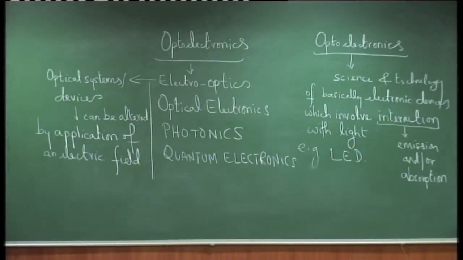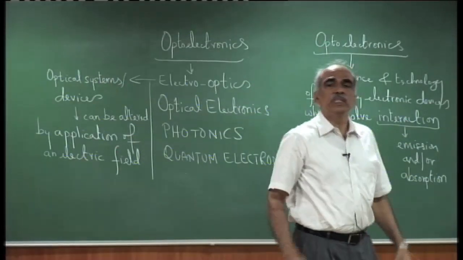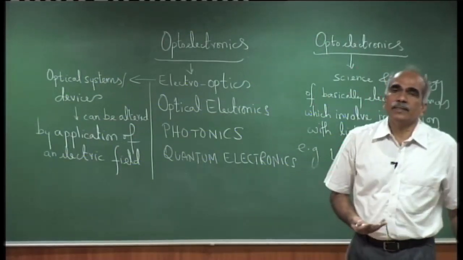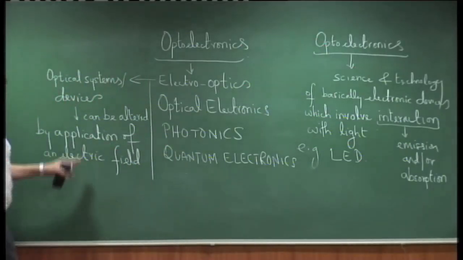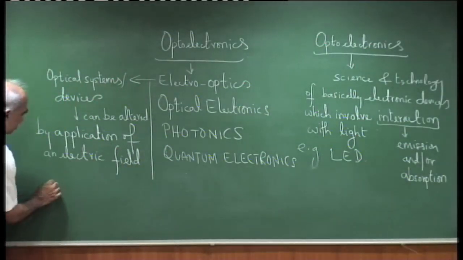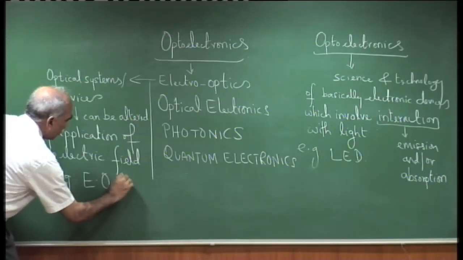The propagation properties of light through these devices are altered by application of an external electric field. For example, let me give an example of an electro-optic modulator, EO modulator.